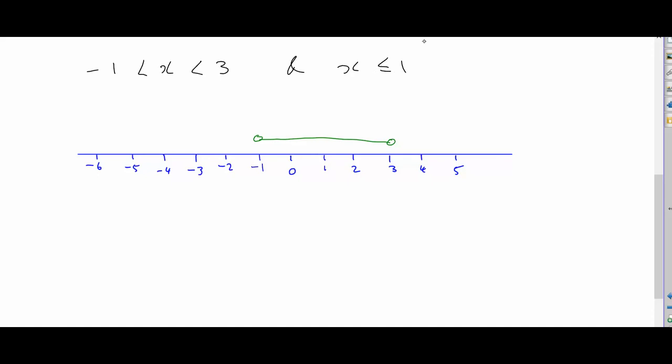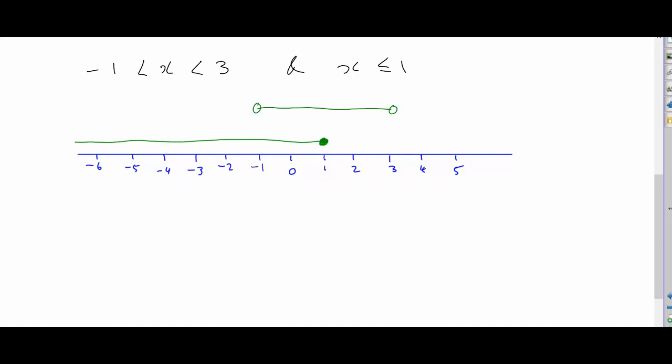And for the other one, x is less than or equal to 1, then that would be all the way along to here, and then including 1, and we'll illustrate that with a solid circle. So open circles when the end point is not included, and a closed circle when it is.